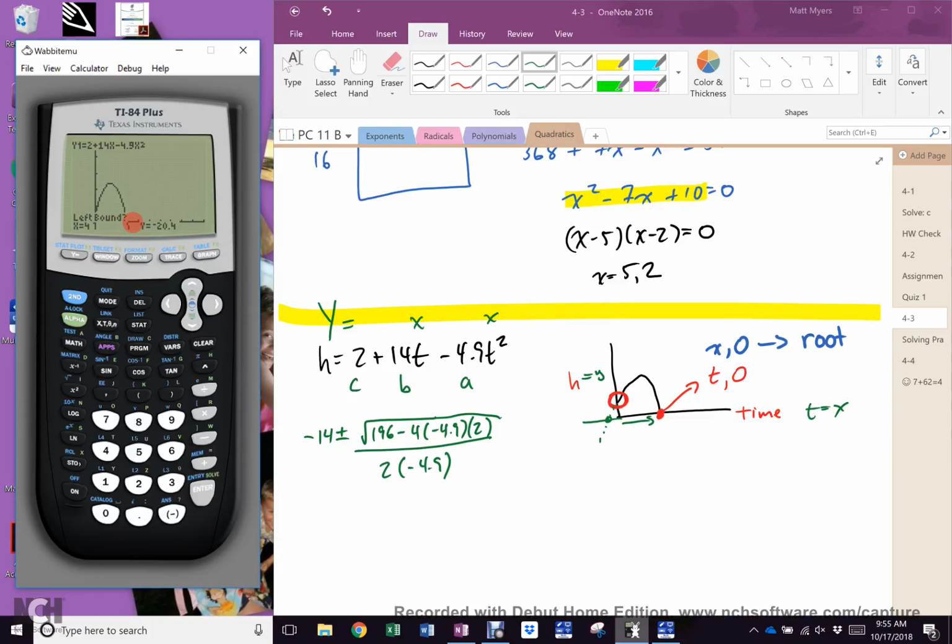Now, please notice, I can see that my curve is right here, right? Use the arrow keys. Push to the left until you see that cursor right there. Keep pushing left until you have x equals 2.46.